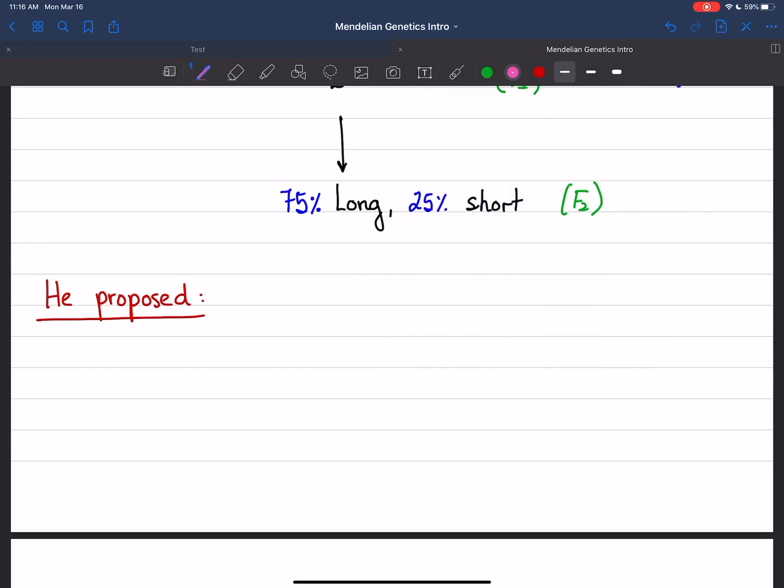Number 1 was the law of unit characteristics, or inherited characteristics, which states that traits are controlled by genes.